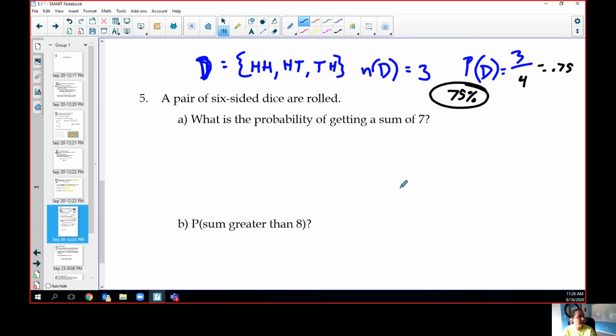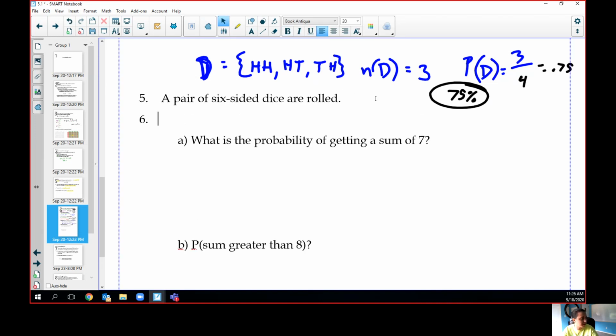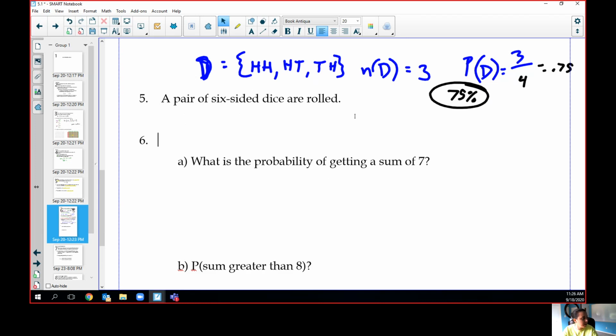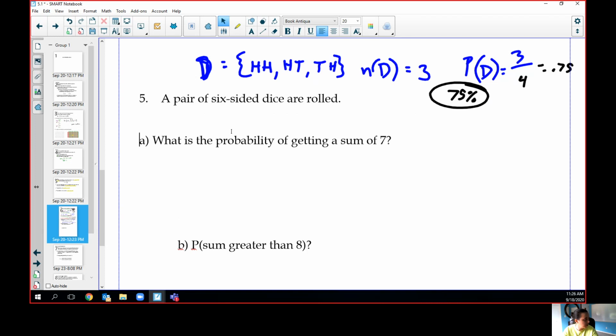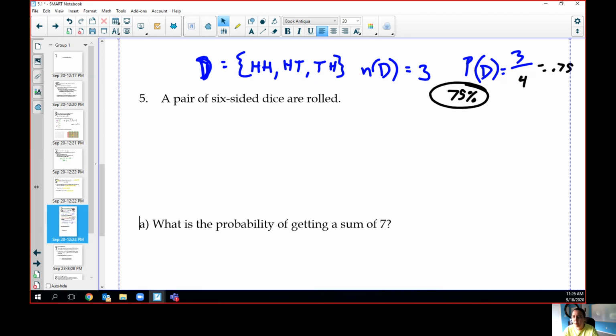Next, we're going to talk about that pair of 6-sided dice. So before we go too far, I'm going to put all of those pairs in, because once again, we do need to know what our sample space is. So I'm going to recopy that sample space in.